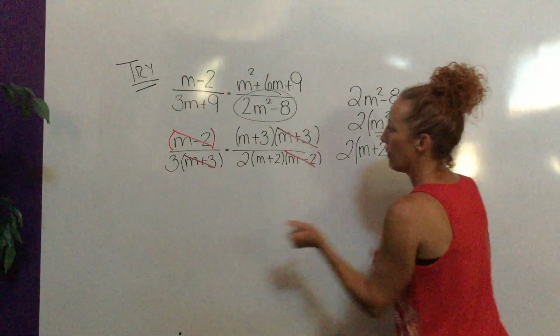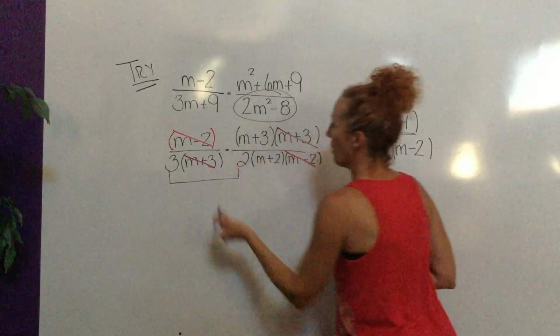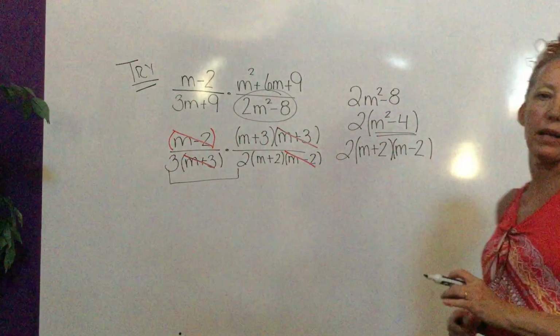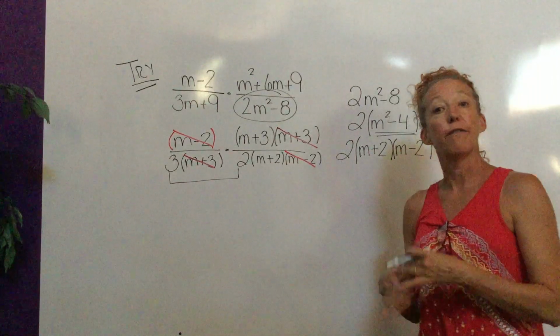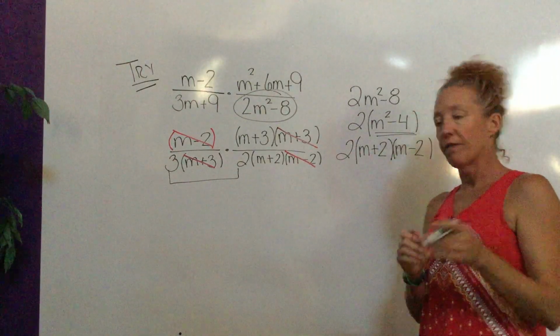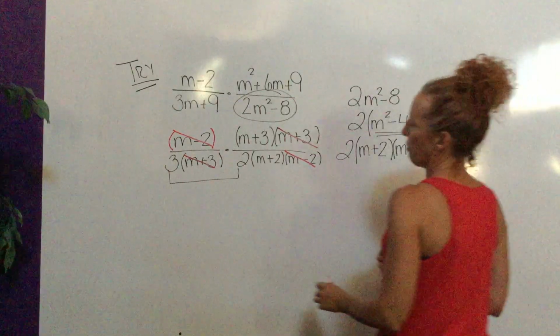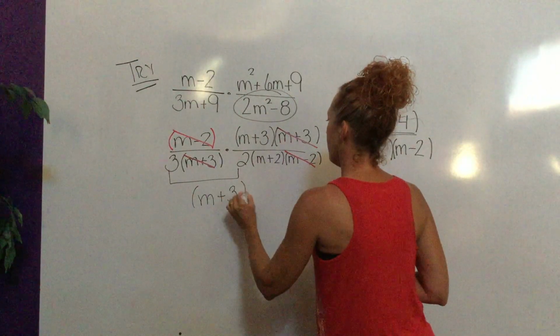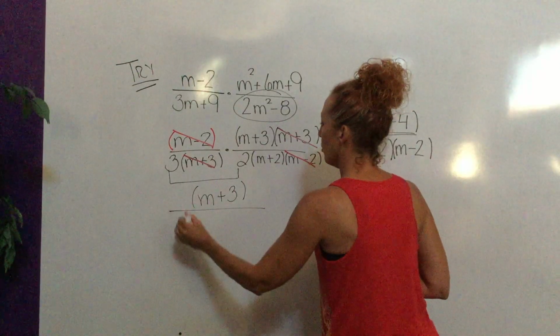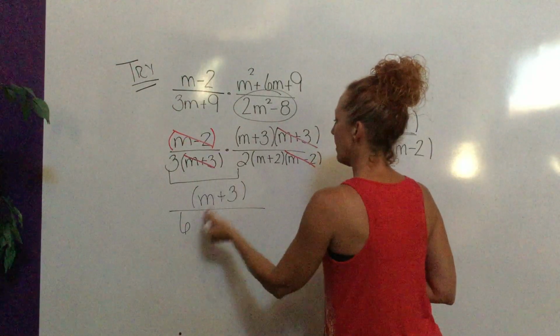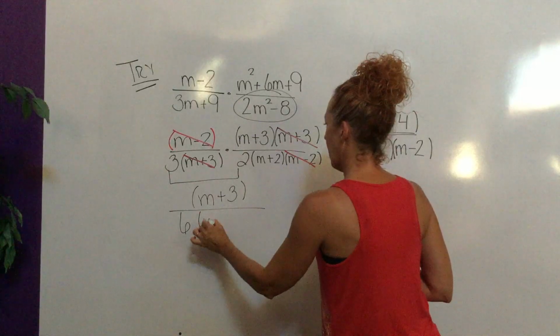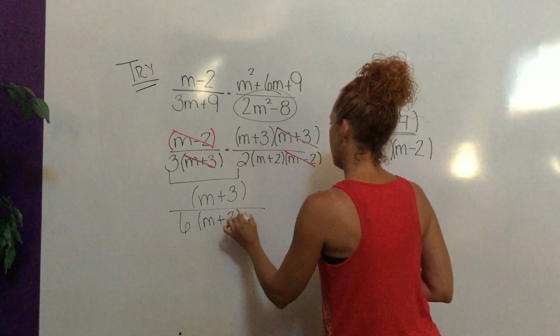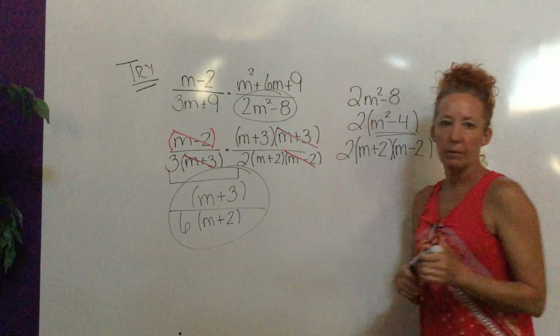As I notice, I'm about ready to write our final answer. What are we going to do with those? We are going to multiply those. So you don't have to FOIL like binomial factors, but you are going to remultiply those two things when you write your final answer. So I would say it's m plus 3 in the numerator, and 3 times 2 is 6, and then m plus 2 in the denominator.